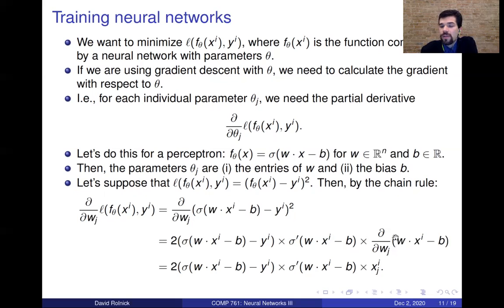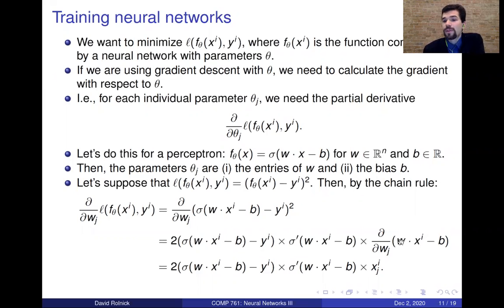Now, what is the derivative of this with respect to wj? The only part of this that depends upon wj is the part where it's wj times the jth entry of xi. So that is a linear function of wj. I realize this is a little bit hard to wrap your head around because you're thinking of this as a linear function of x, but it's also a linear function of w.